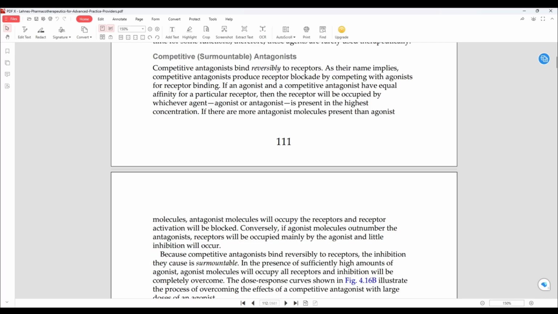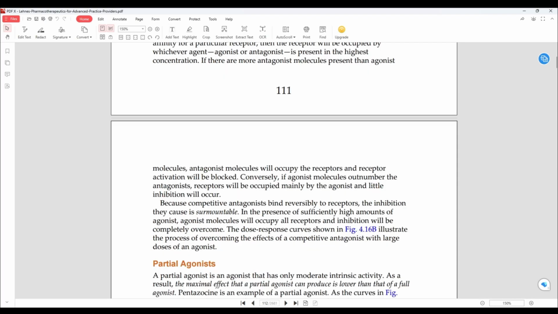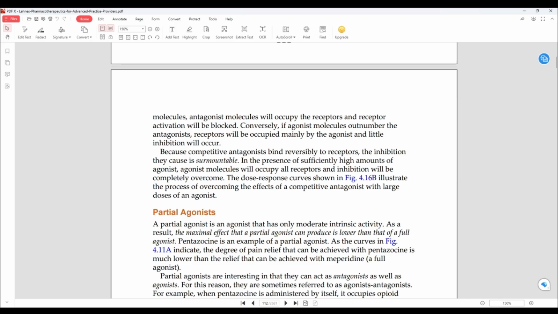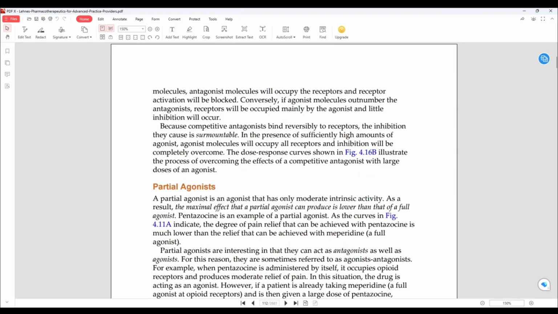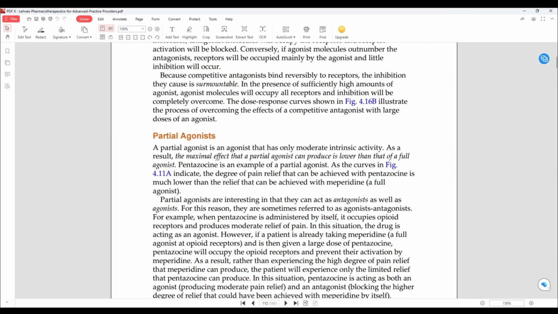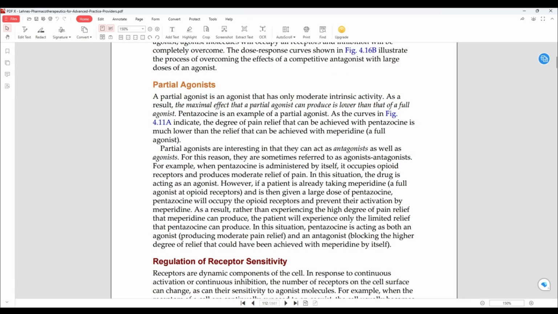Because competitive antagonists bind reversibly to receptors, the inhibition they cause is surmountable. In the presence of sufficiently high amounts of agonist, molecules will occupy all receptors and inhibition will be completely overcome. The dose-response curves shown in figure 4.16b illustrate the process of overcoming the effects of a competitive antagonist with large doses of an agonist.